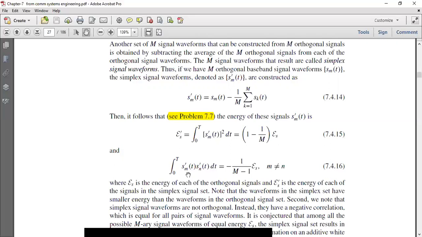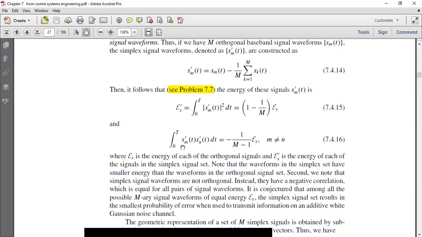The corresponding signals are not orthogonal: the integral of Sm bar and Sn bar dt is equal to minus 1 over M minus 1 times ES bar, where m is not equal to n. ES is the energy of the orthogonal signal, and ES bar is the energy of each signal in the simplex signal set.